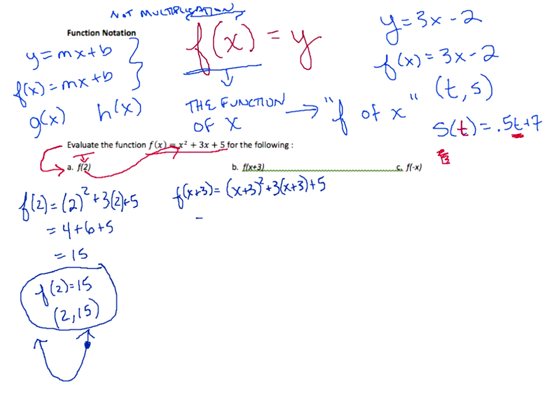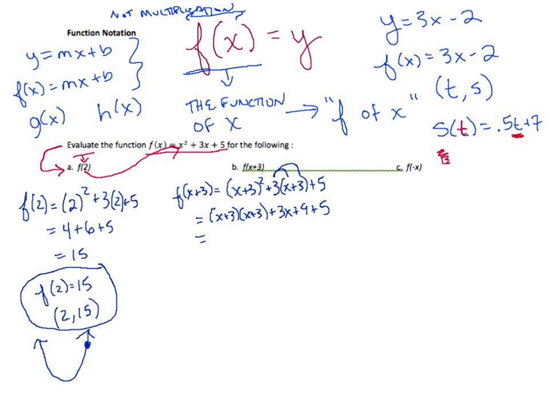Okay, let me just dispel a rumor. (x plus 3) squared is not x squared plus 9. (x plus 3) squared is (x plus 3) times (x plus 3). You've got a middle term there. You've got to be very careful of that.